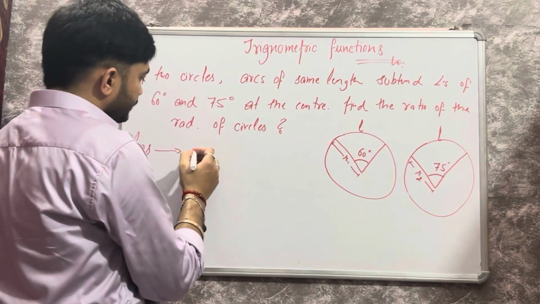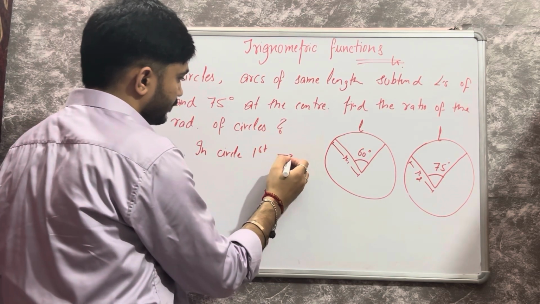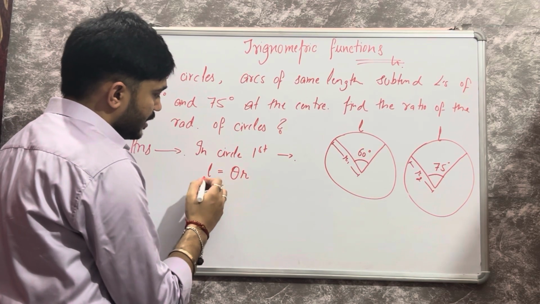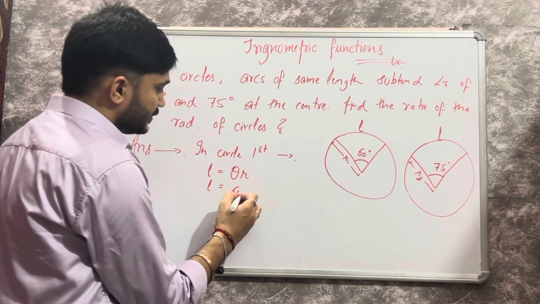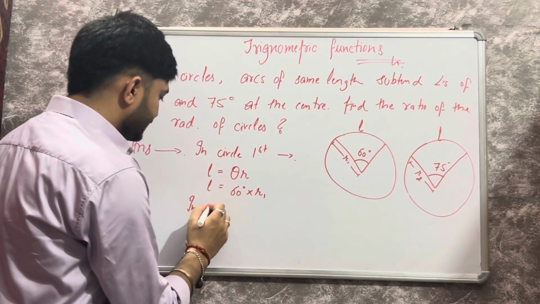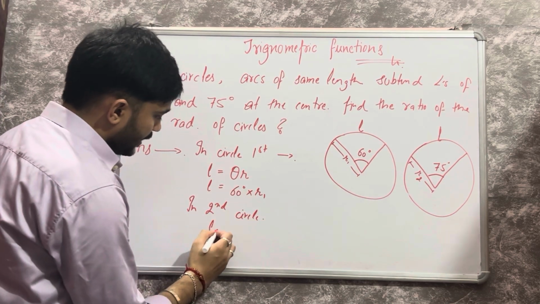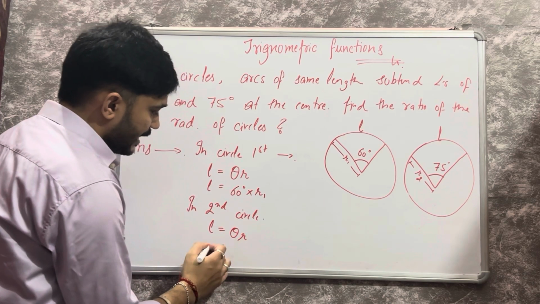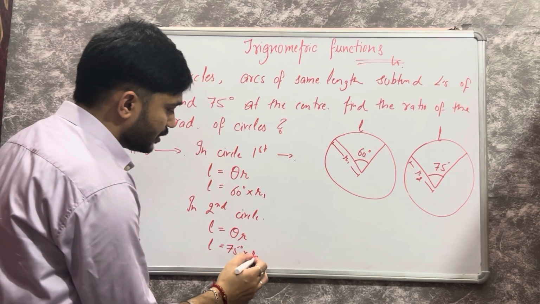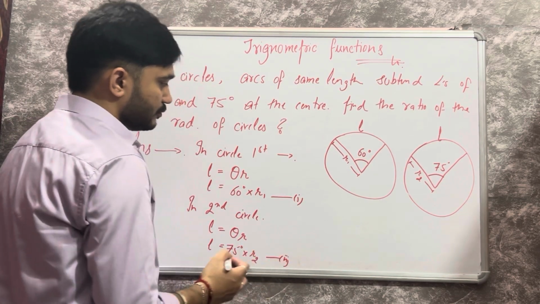Firstly, we know that in circle 1, L is equal to theta R. L is L, theta is 60 degree, and R is R1. In the second circle, L is equal to theta R. L is L, theta is 75 degree, and R is R2. Take this as 1 and this as 2.